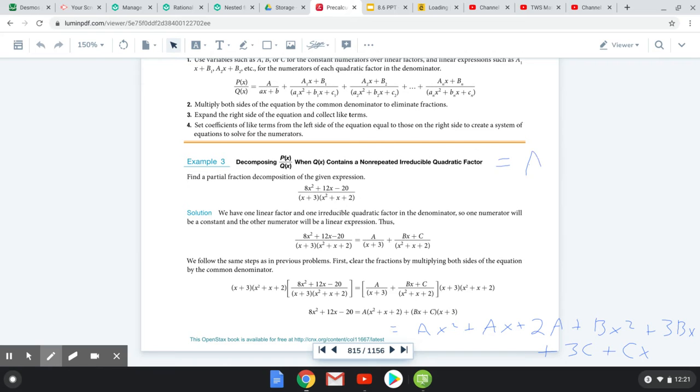So we have, I'm going to write that up here. We have ax squared plus bx squared, and then we have plus ax plus 3bx plus cx, and then we have plus 2a and plus 3c.